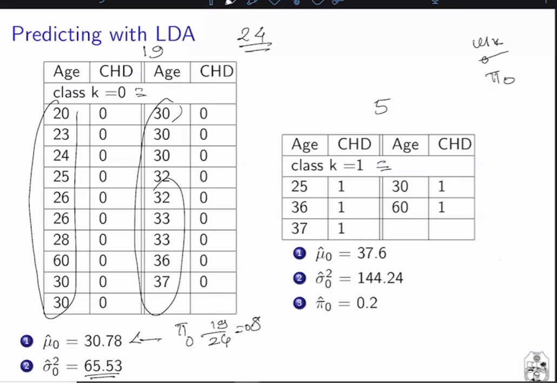Now, similarly, I have calculated the average for class 1 here. There are 5 observations. The average of these 5 different ages is 37.6. This is the variance, 144.24, and 5 divided by 24 comes to be our pi 1, that is 0.2.